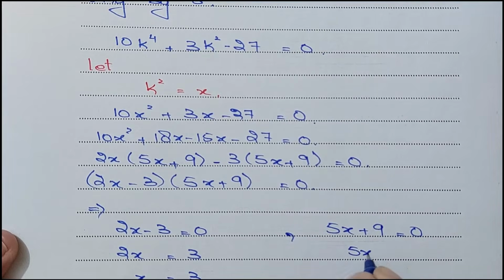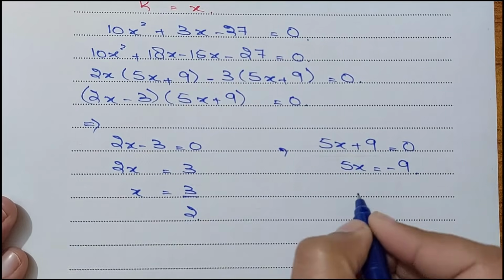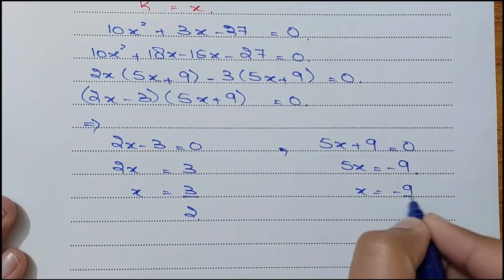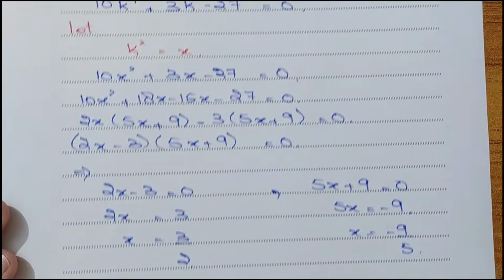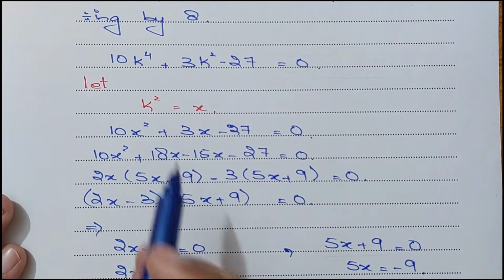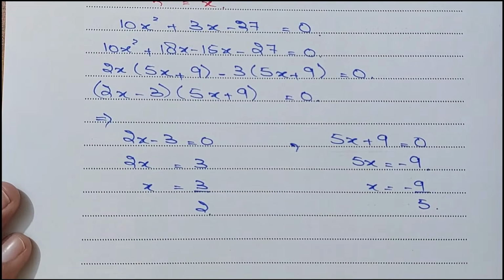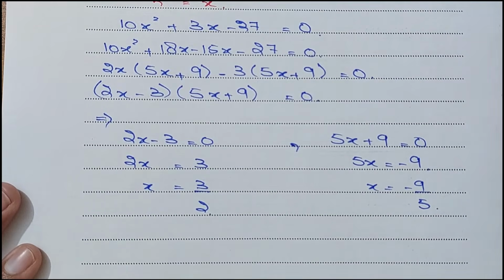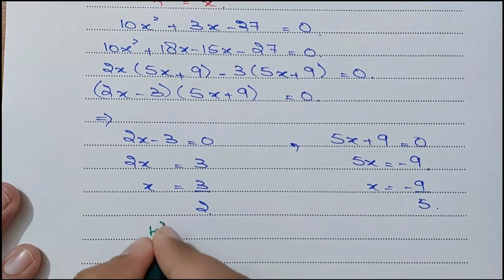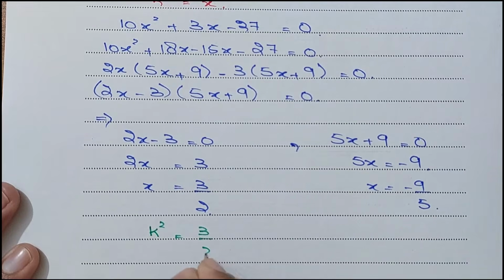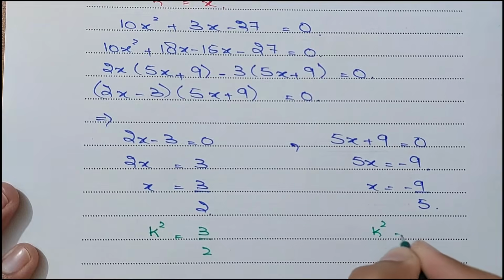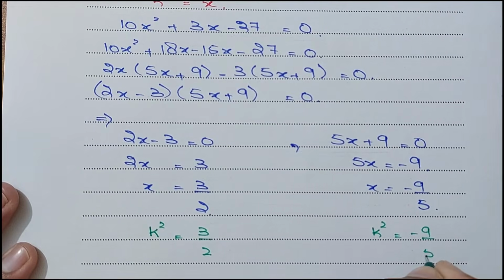And here 5x is equal to minus 9, and from here x is minus 9 over 5. Okay, now let me put the substitution back. We substituted x as k squared, so we have to put it back. x is your k squared, so we can say k squared is 3 by 2, and here k squared is minus 9 by 5, right?